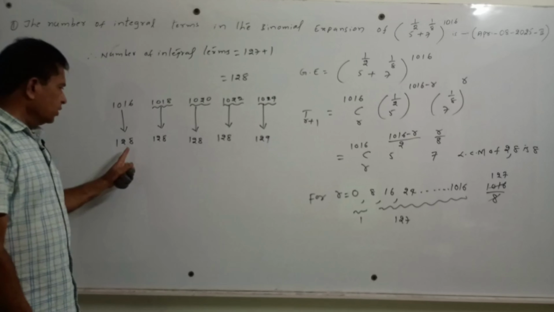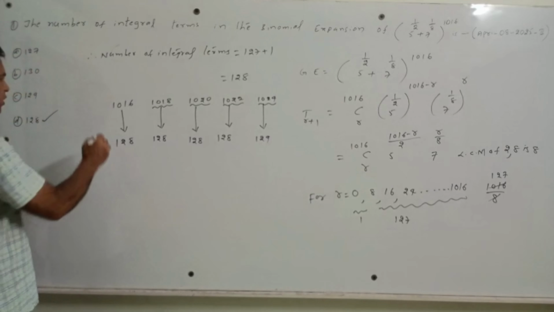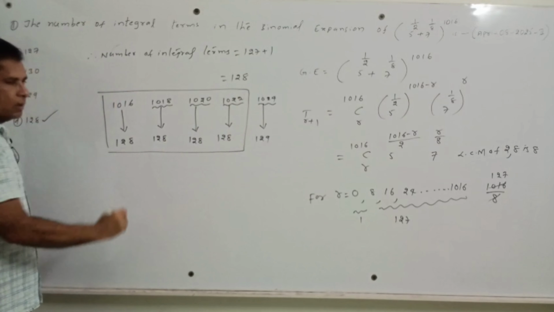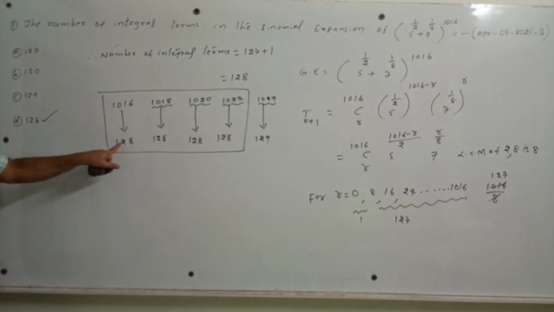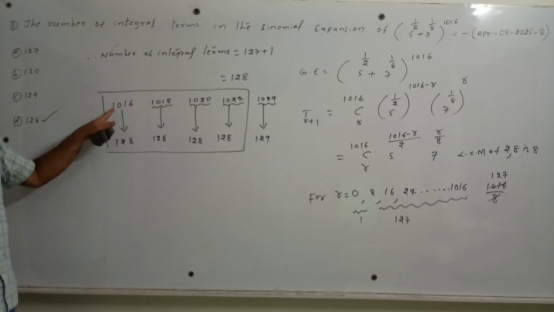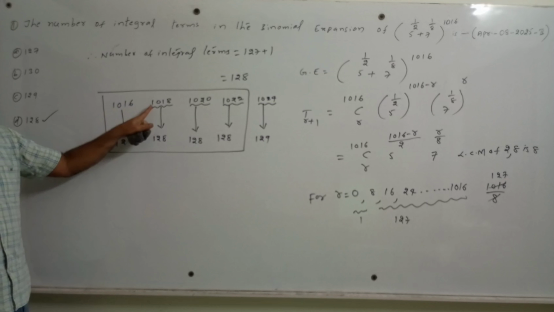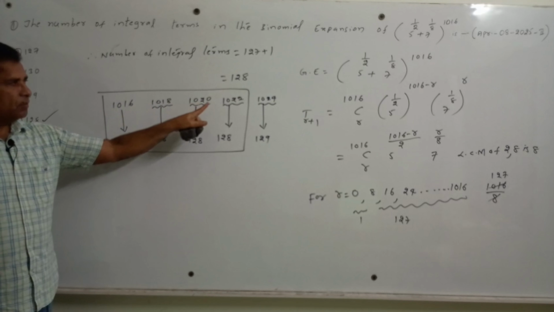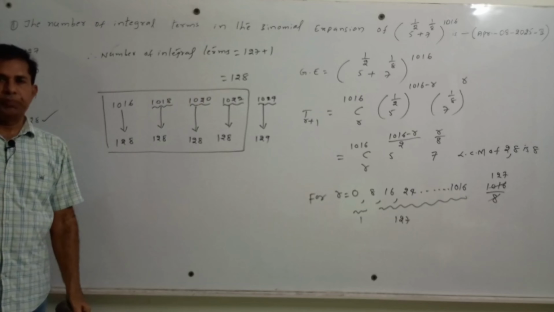Therefore, if the number of integral terms is 128, the exponents will become 1016, 1018, 1020, 1022.